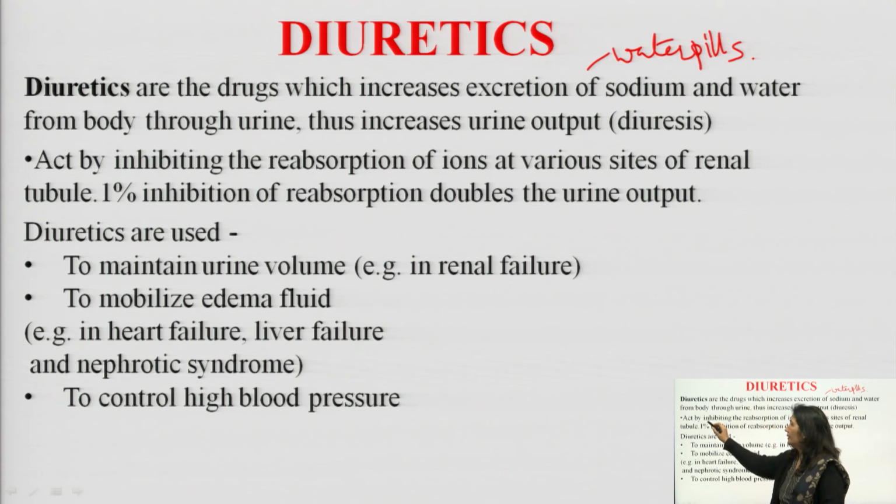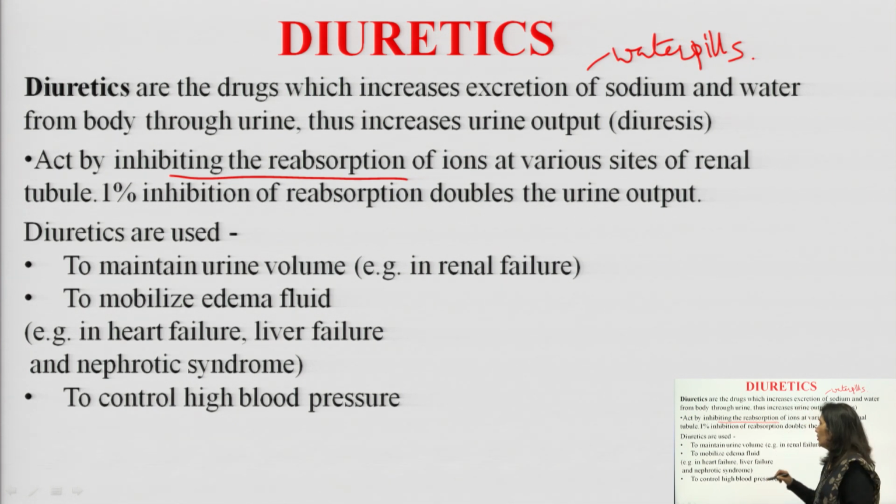So diuretics act by inhibiting the reabsorption of ions at various sites of the renal tubule. 1% inhibition of reabsorption doubles the urine output.